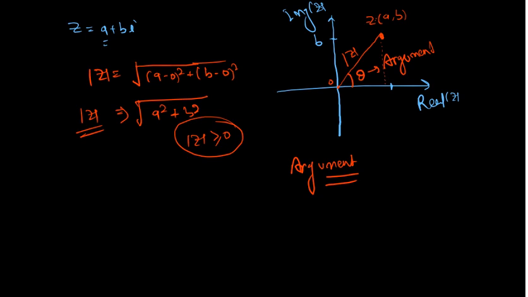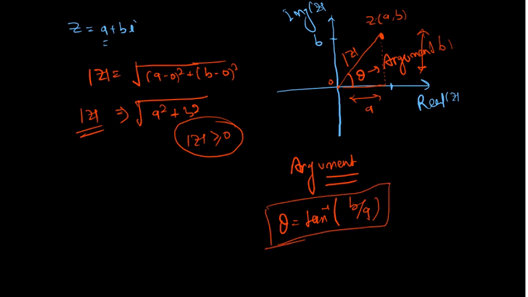Yes, you see this is my a and this is my b, and this is nothing but a right angle triangle. If I want to calculate this theta, it will be tan inverse of b divided by a, perpendicular divided by base. So this is called the argument, and this is called the modulus.